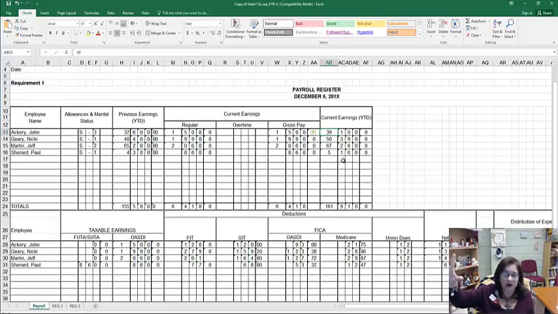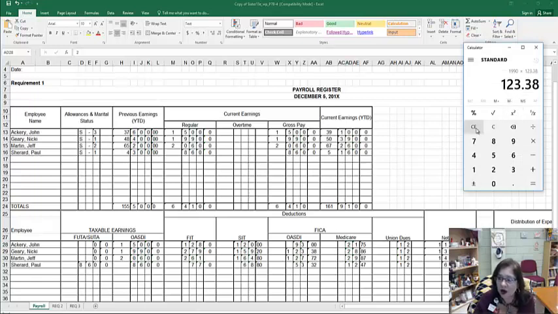Because they're not at that point, we're still going to multiply that percentage to figure out how much their tax for a portion of their Social Security is, which is the old age and the supplementary. That's here.